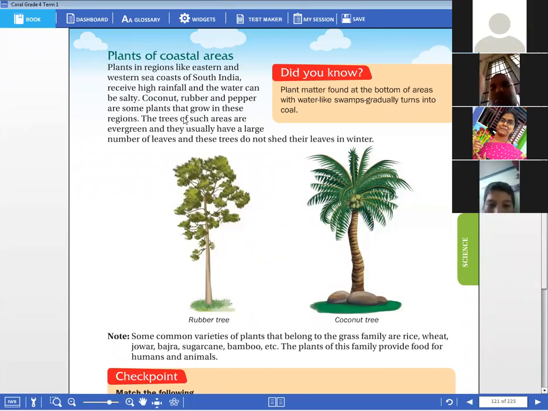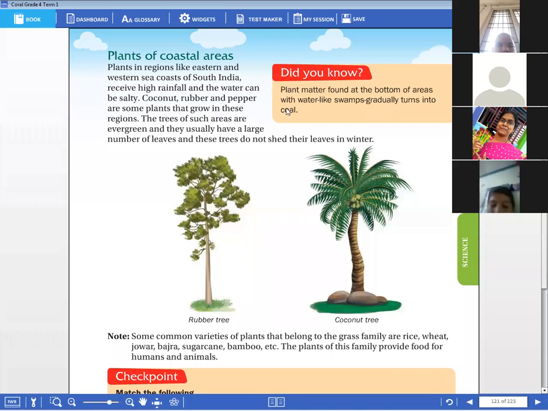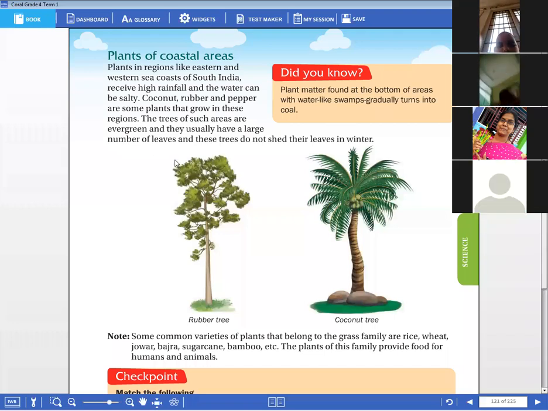Okay, this is all about it. The trees of such areas are evergreen and they usually have a large number of leaves, and these trees do not shed their leaves in the winter. See children, we told that in the winter season the leaves will fall down and again they will grow. Yes or no?